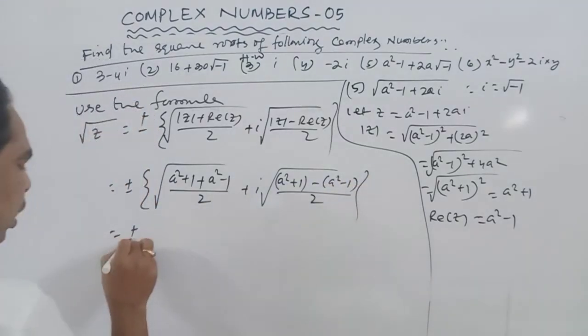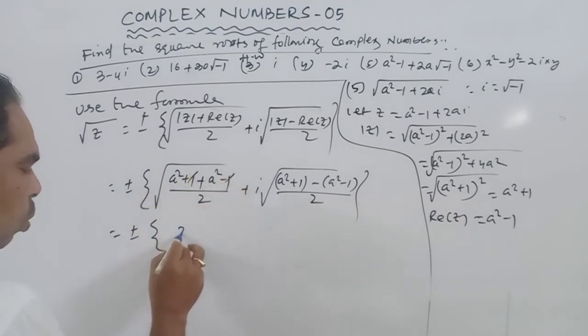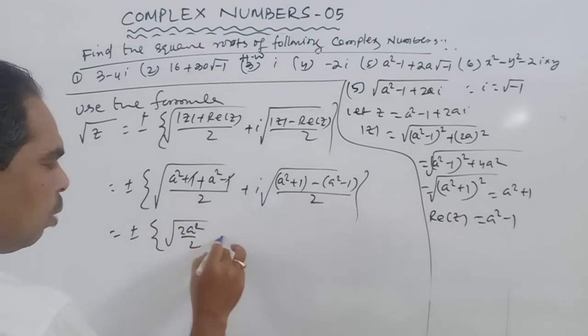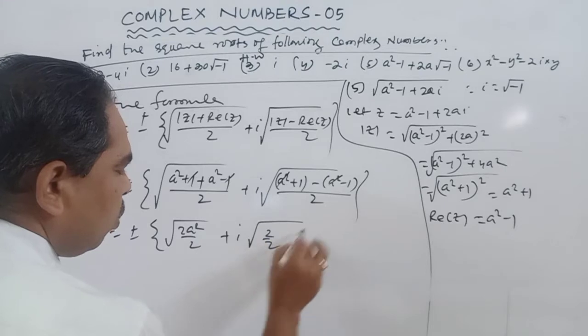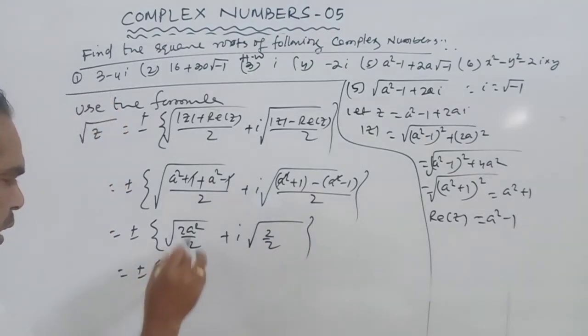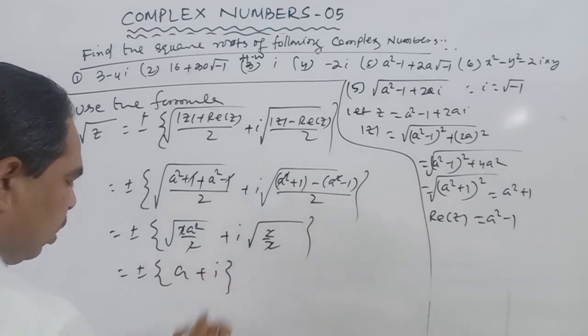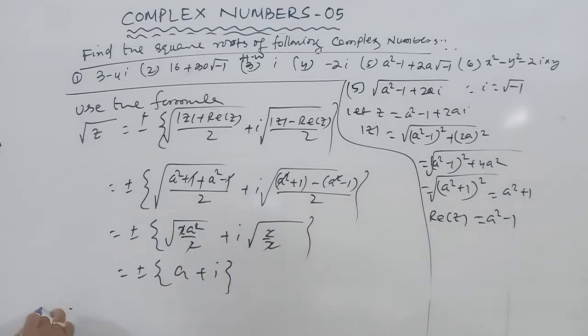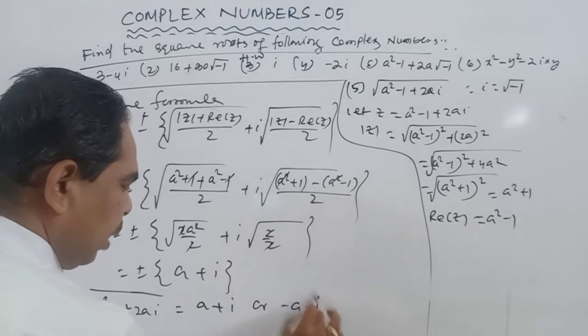So it is equal to plus or minus the square root of 2a squared by 2, plus i times the square root of 2 by 2, which is plus or minus (a plus i). Therefore the square root of a squared minus 1 plus 2ai is a plus i or minus a minus i.